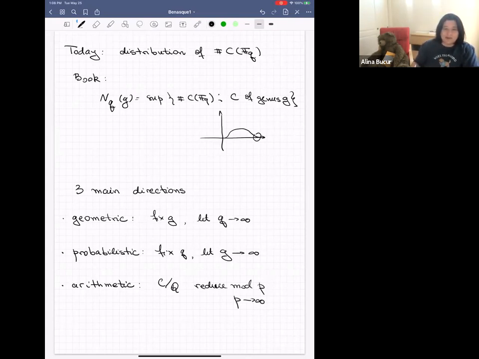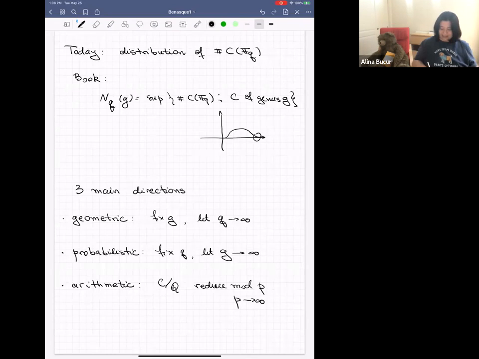So for those who work in the business, basically that means you look at the Sato-Tate conjecture. So we'll get there. This is the one that I will focus on. So I'm gonna go relatively quickly over the first two and try to focus more on the third.